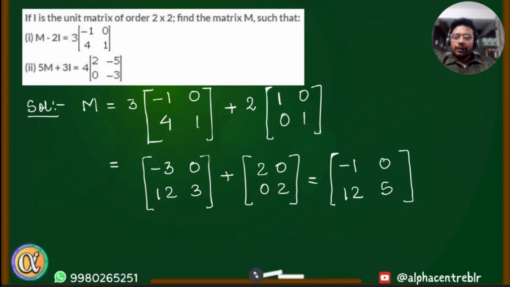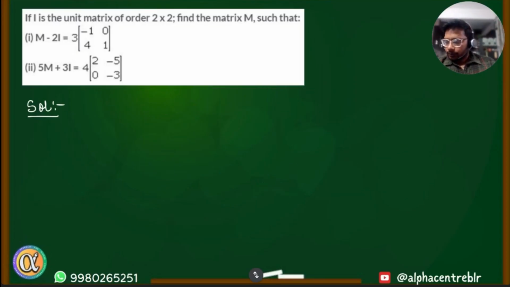Even in the next question, we need to do something similar. For this, it will be 5, and then we have to find M again. So 5M plus 3, then again the same unit matrix 1 0 0 1, and then 3 will get multiplied to 1 and 1, so it will become 3 0 0 3, and then we simplify it. You can just tell me the answer.